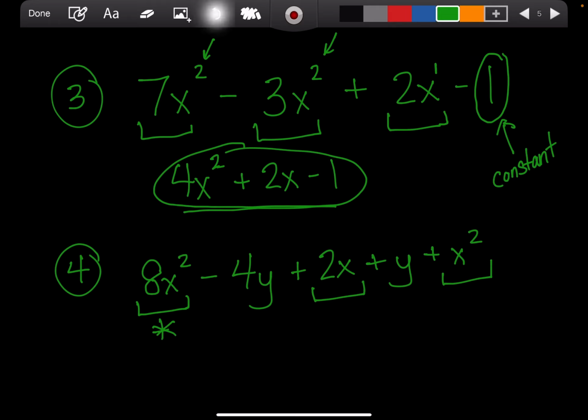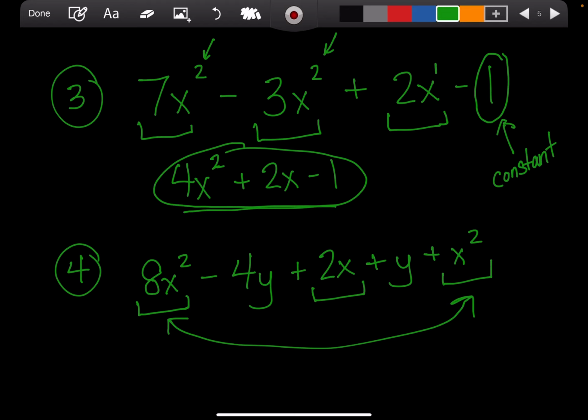So, if we were to combine those terms, 8x squared plus x squared. So you might say, well, can we combine them? They're on totally different sides of the expression. So wouldn't that mean we can't combine them? And the answer is no, you actually can combine those even if they're on different sides of the expression.